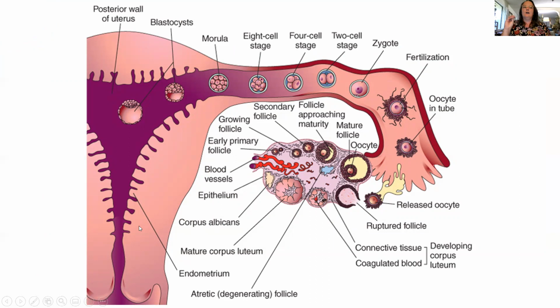And then as it meets that sperm and becomes fertilized, which is when the two groups of genetics come together, and now that is considered conception, and then it will move all the way over to the uterus, and we hope that it sets up in the top third of the fundus, which is the top of the uterus, but sometimes it sets up other places, and we'll talk about what that looks like.